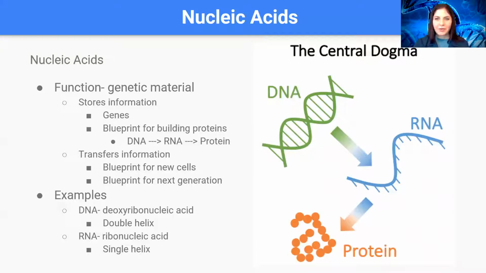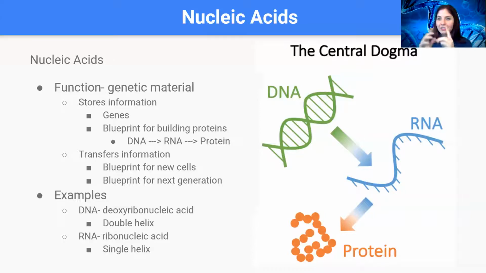So as far as their function, obviously they're there to store and transmit genetic information. They're basically the blueprints for building proteins within our bodies. So they go from DNA, which is typically in the nucleus in eukaryotic cells, and that DNA gets transcribed into messenger RNA.